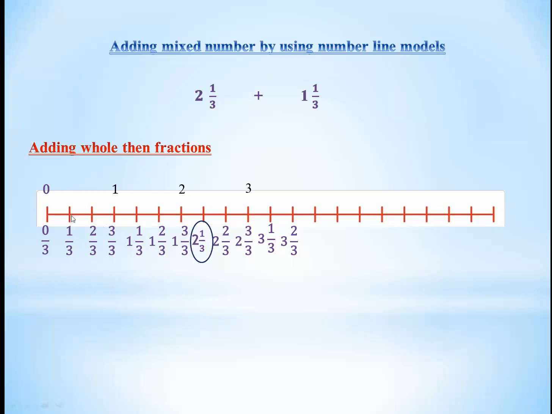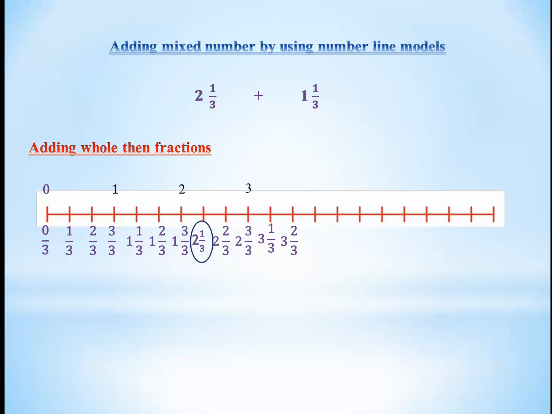Okay, let's count the distance. 1, 2, 3. So from 0 to 1 we have 3 steps. Okay, if I want to calculate from 0 to 2, how many steps do we have? Let's count. 1, 2, 3, 4, 5, 6. So from 0 to 1, 3 steps.